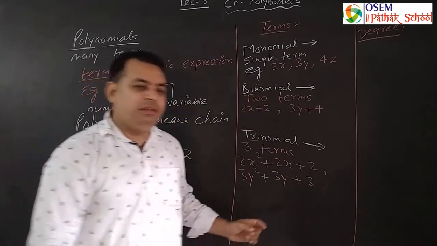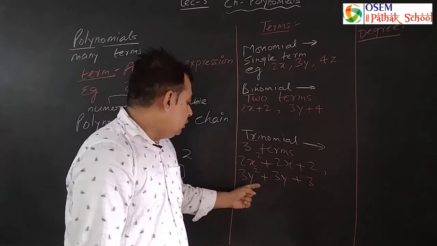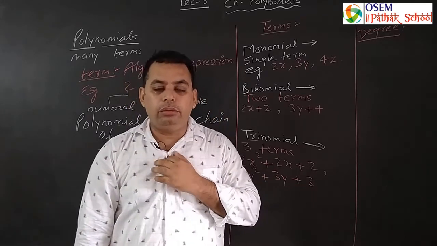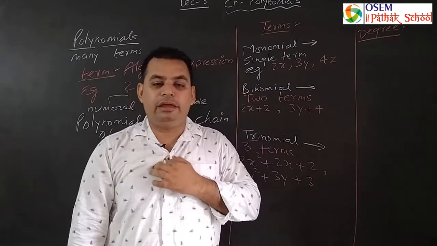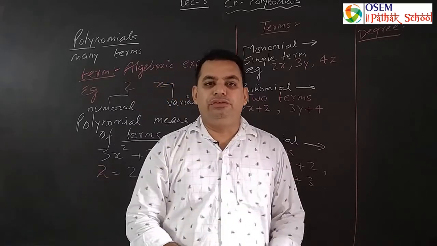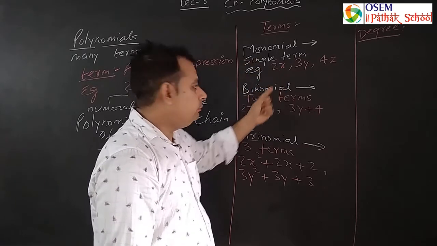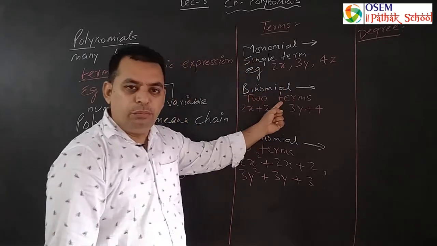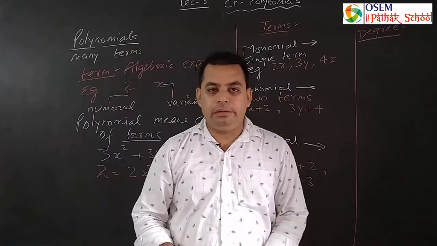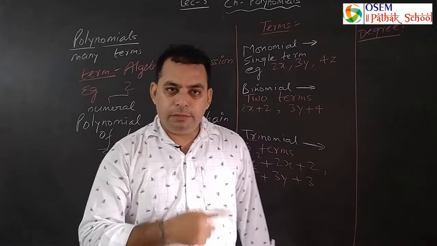Clearly you can see the first, second and third term, so it becomes a trinomial. Again, a revision: monomial means having a single term, binomial having two terms, and trinomial having three terms. These things you learned in standard 9, but a short revision should be there. Right?